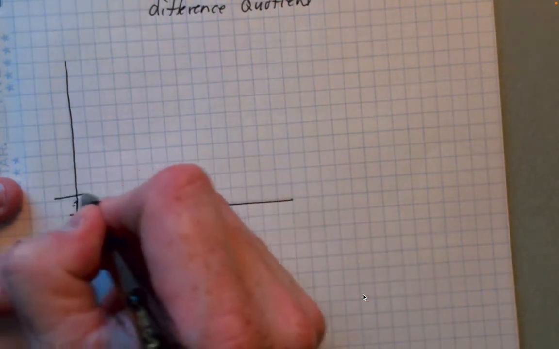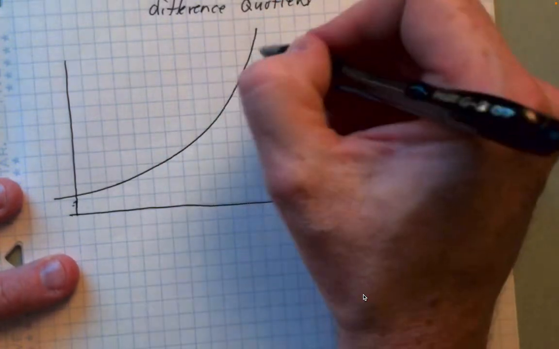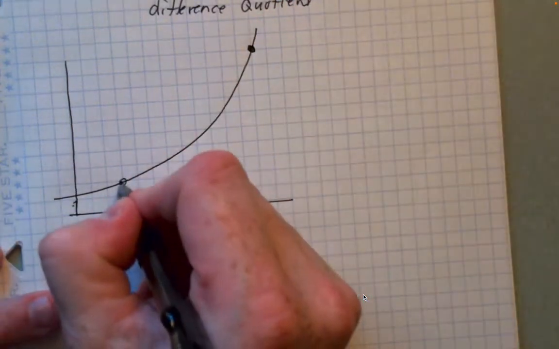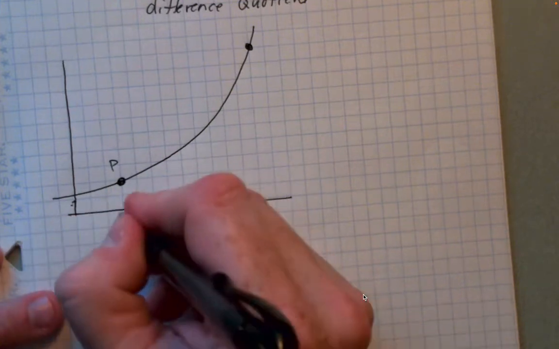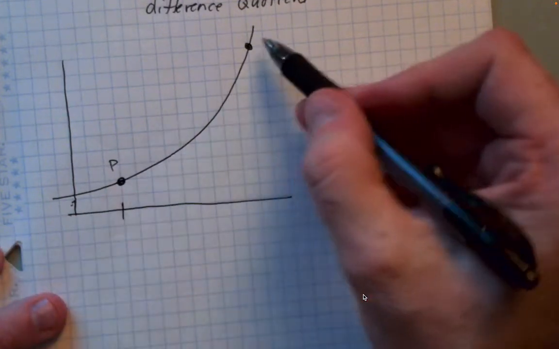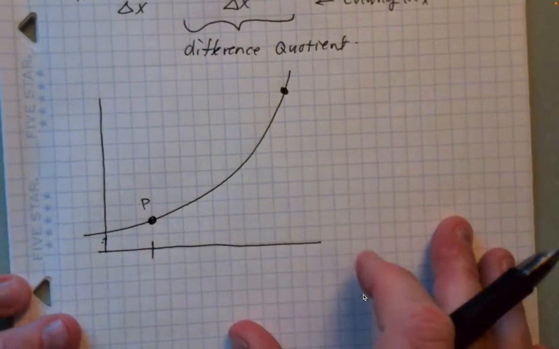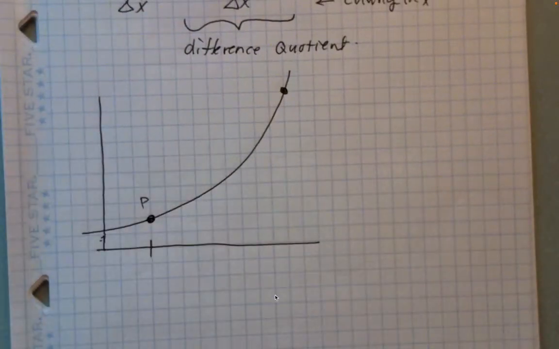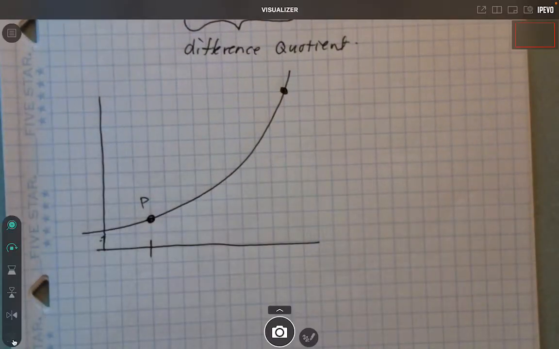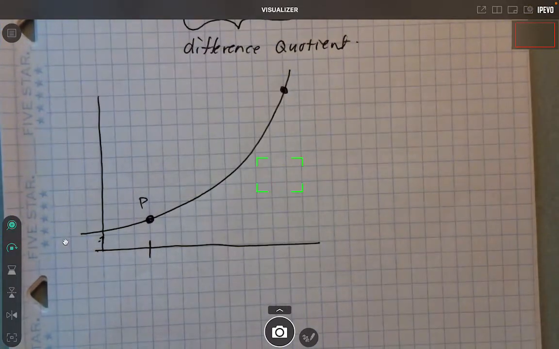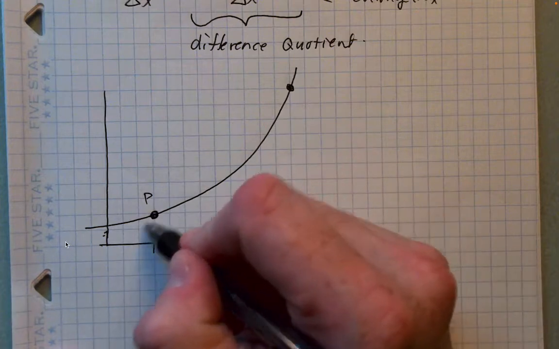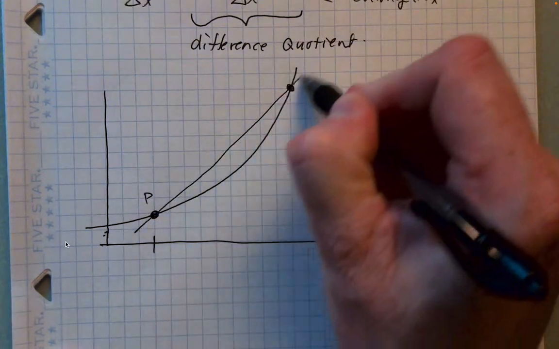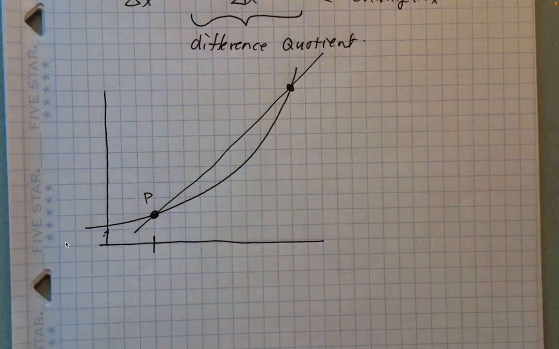So let's say I've got a curve, and I've got some point down here, which I'm just going to call P. And then some point a little further up the curve, well, that's just the starting point. Between these two, there's going to be some straight line.